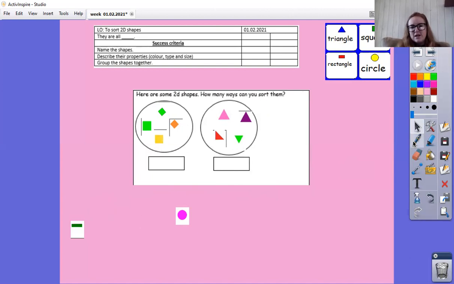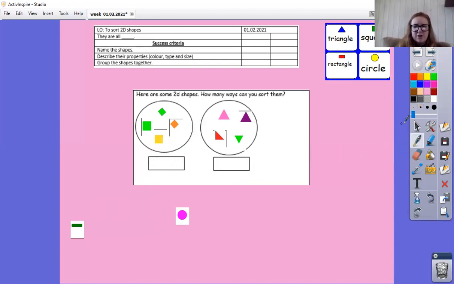So I've sorted by squares and triangles. Fantastic. How else could I sort them? Both of these ways are correct. We're just looking at different ways I could sort all of these objects.